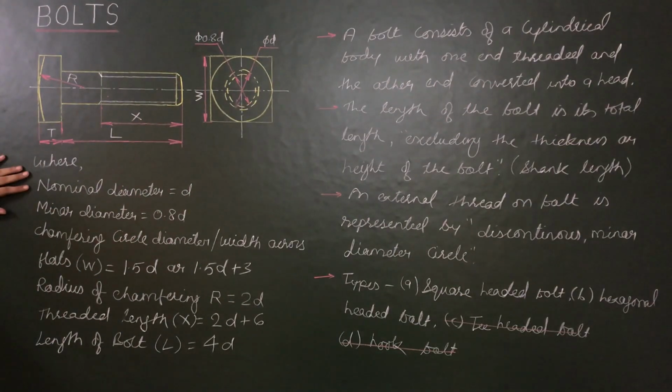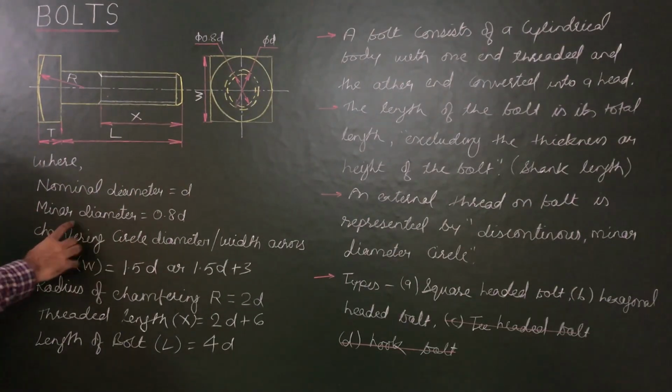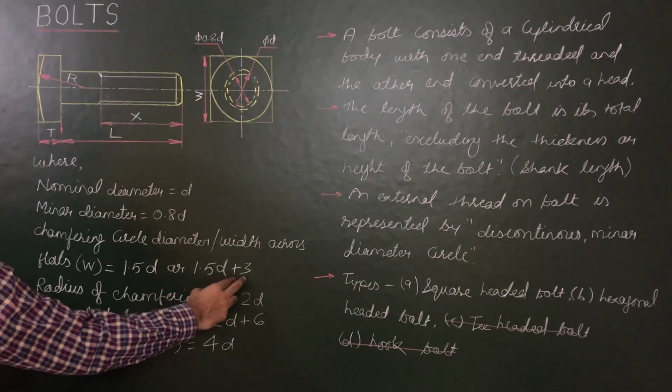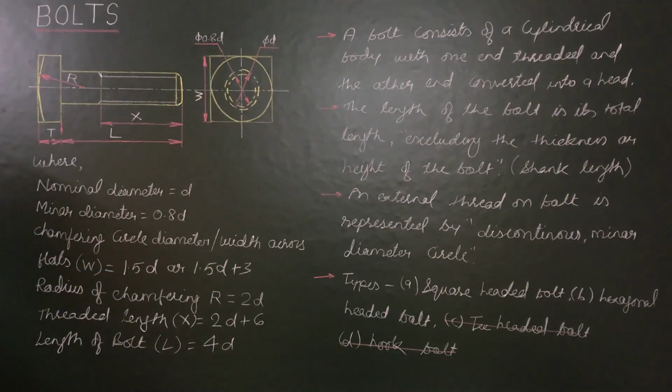So here the nominal diameter is D, then minor dia is 0.8 of D, chamfering circle diameter or width across flats W is 1.5D or 1.5D plus 3, both are correct. Then radius of chamfering R is equal to 2D. The next is threaded length x.